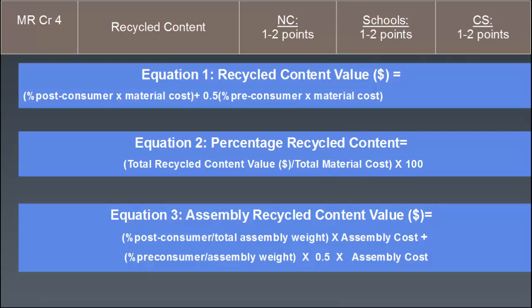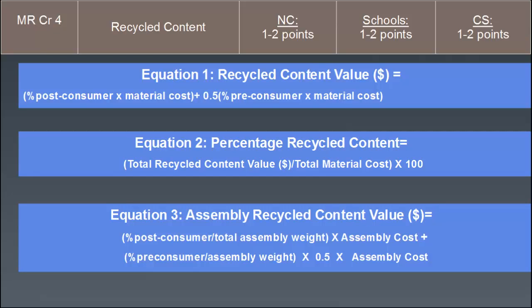Once you get that percentage, you multiply it by the material cost, then you add that to the pre-consumer recycled content times material cost divided by 2. You add those two together to get your recycled content value, then you take your total recycled content value divided by total material cost times 100.